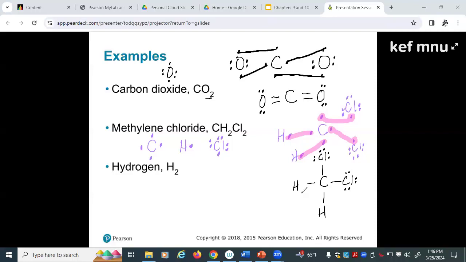It basically just means that you only need 2 electrons to fill out that first energy level. And so if the first energy level is your only energy level, 2 is enough. So for hydrogen, I only need to make the 1 bond. It's okay.